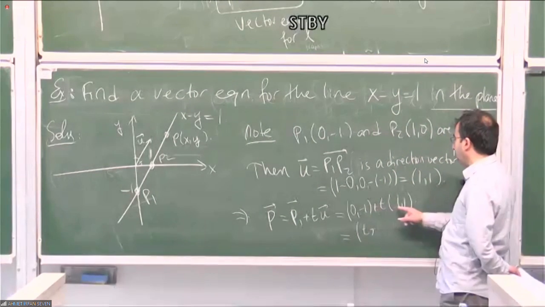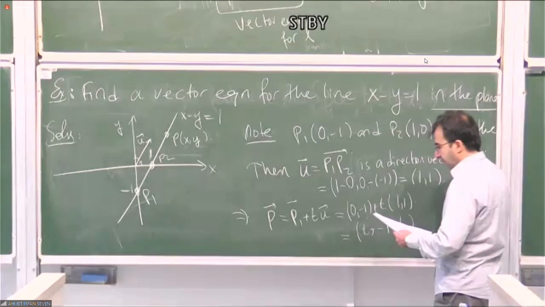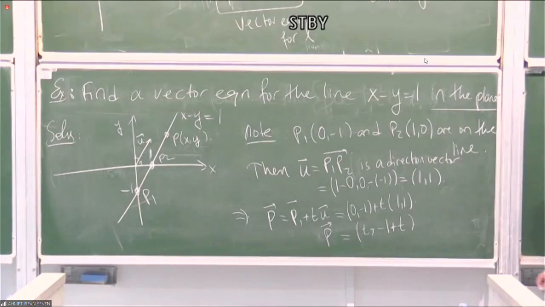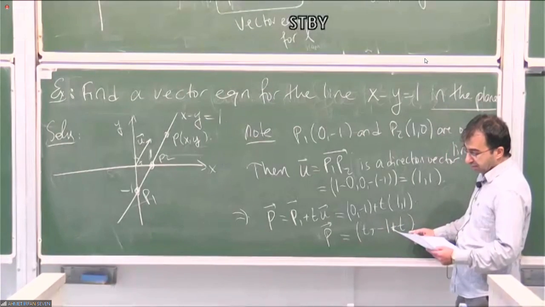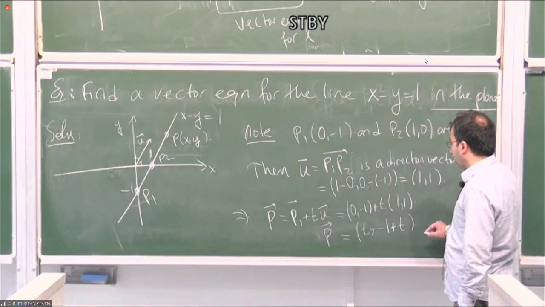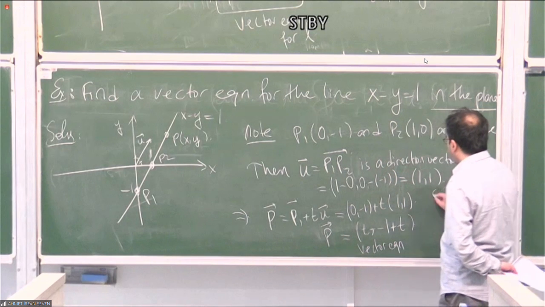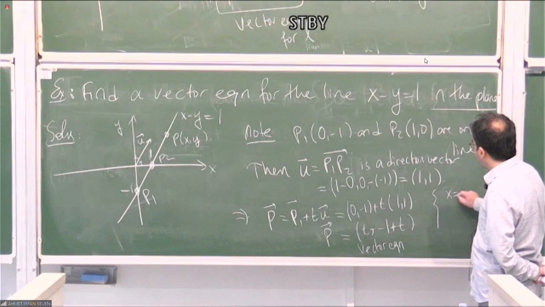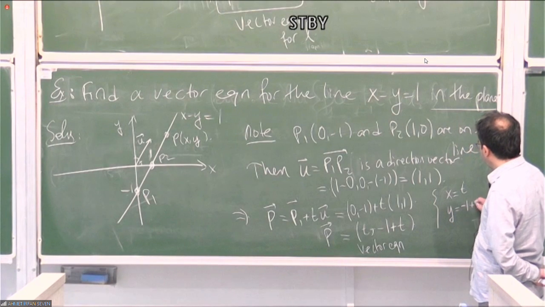The next component will be minus 1 plus t. So you see, we can describe points on this line by this notation, where t is a parameter here again. So this is the vector equation. Again, we can write parametric equations. So x will be equal to t, y will be equal to minus 1 plus t. So these are the parametric equations.